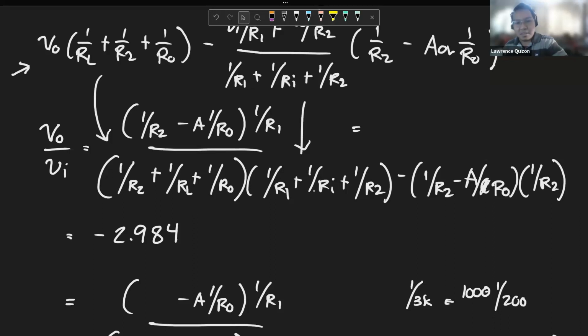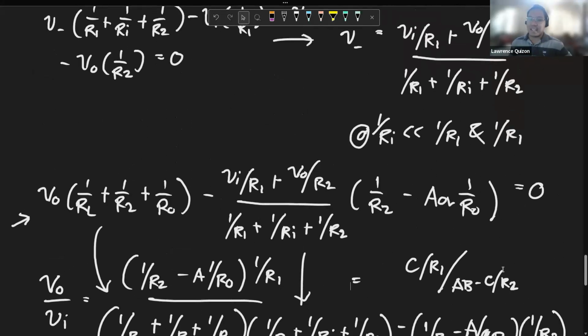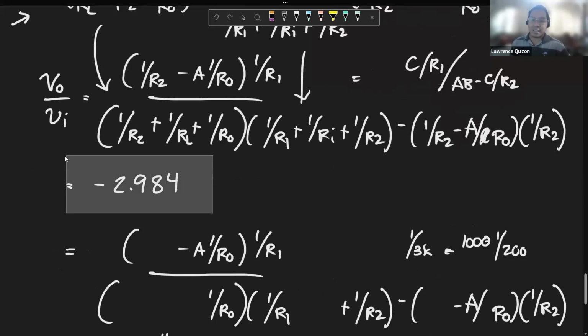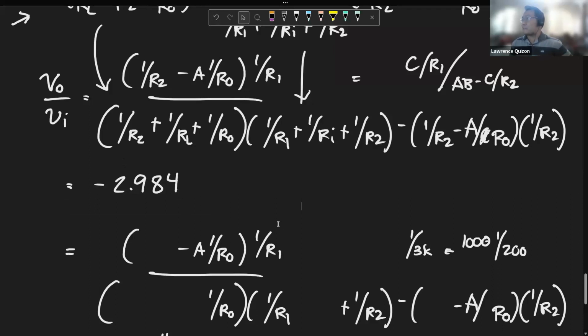So this is C over R1 over AB minus C over R2. This is what I see most students doing. Na nagle-let sila ng variable and then the answer is in terms of those variables and then they just calculate and turns out the answer is correct. So that also simplifies your solution.